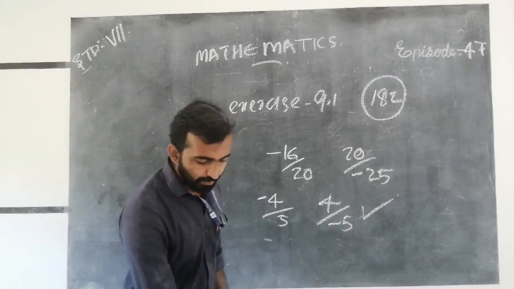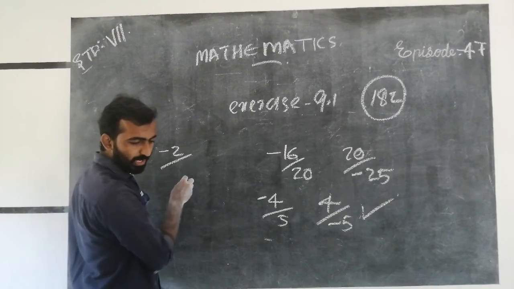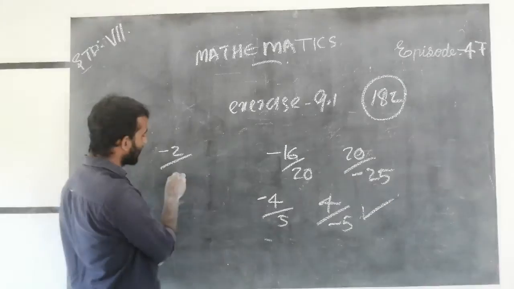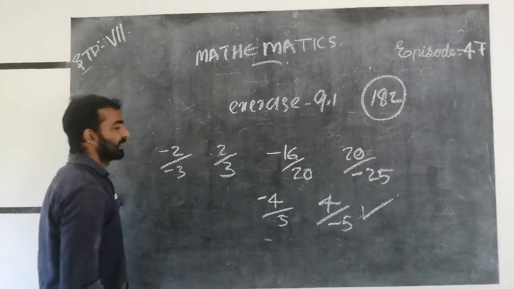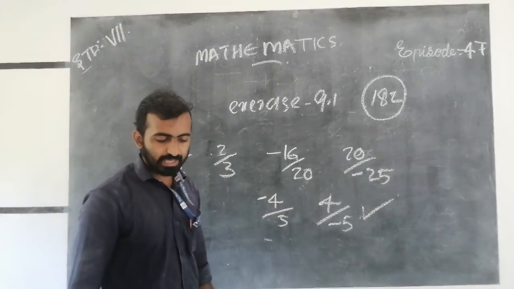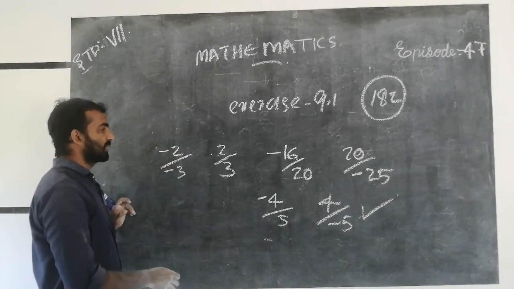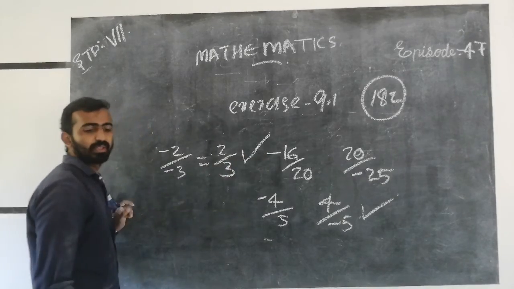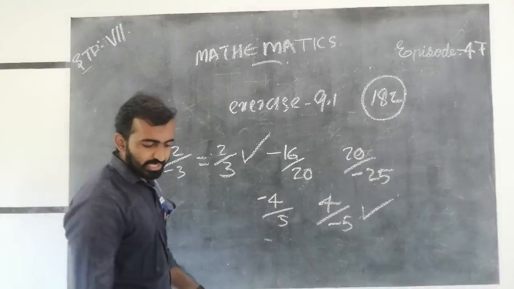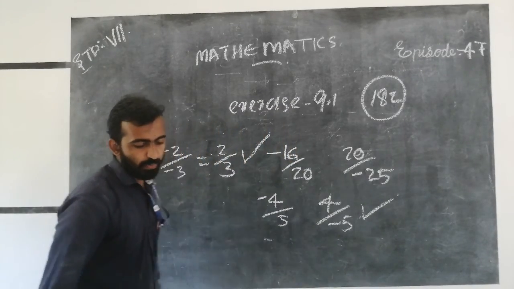And next pair is negative 2 by 3 and negative 2 by negative 3 and 2 by 3. These are same rational numbers, because multiplying negative 2 and negative 3 each by negative 1, we get 2 by 3. These are the same rational numbers. And the fourth one is negative 3 by 5 and negative 12 by 20.